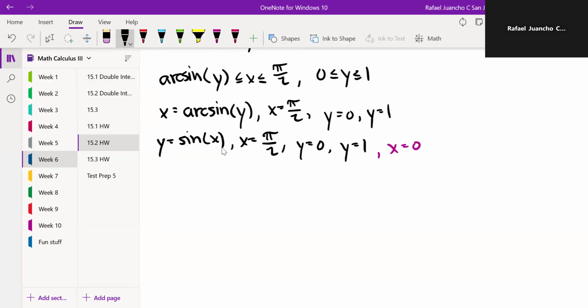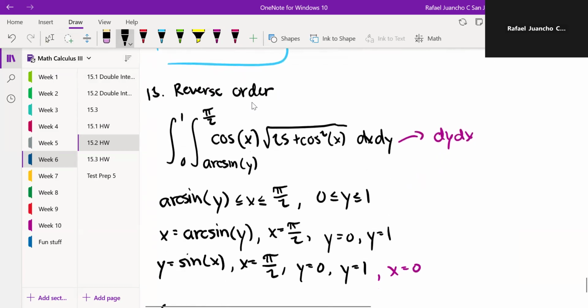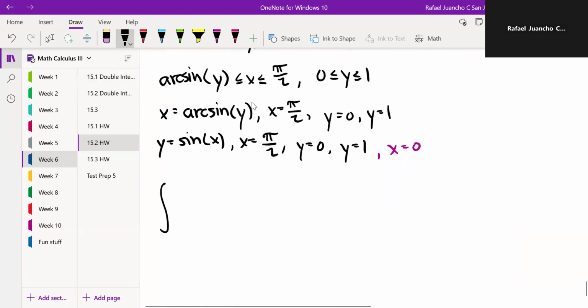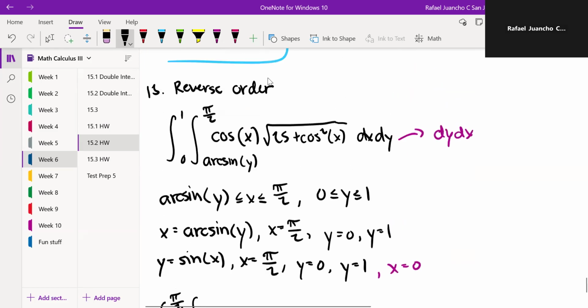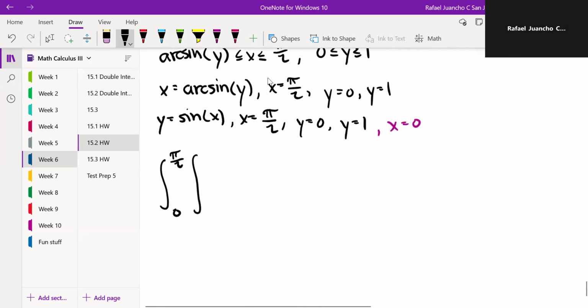Probably pi half, right? So there's our bounds. Okay, so for x, it's going to be from 0 to pi half. For our y, it's going to be 0 to sine x of the same thing.